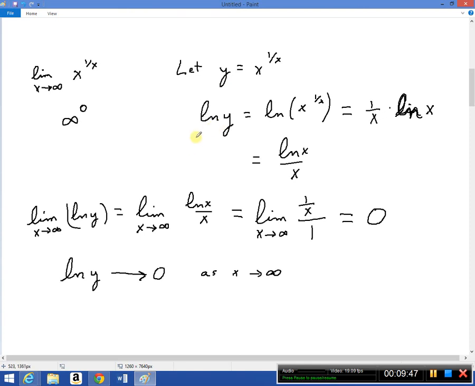Well, we have to exponentiate to kill off the log. So e to the log of y goes to e to the 0, because the exponential function is continuous. You can remember that. And so this, of course, reduces to y, and y goes to e to the 0, which is 1. So the limit of this quantity is equal to 1.